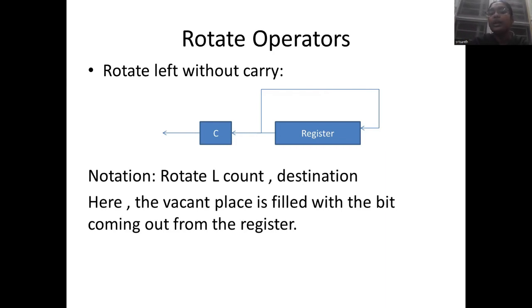So to fill that vacant bit, we take the data coming out of the register and place it in the vacant bit. The notation of this rotate left without carry operation is ROL, where L means it is rotating towards the left, followed by count, destination. Here the vacant bit is filled with the bit coming out from the register.